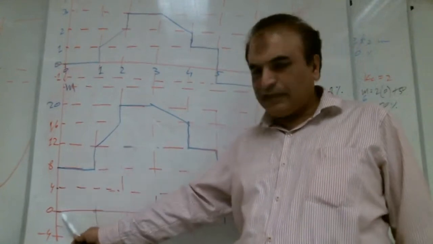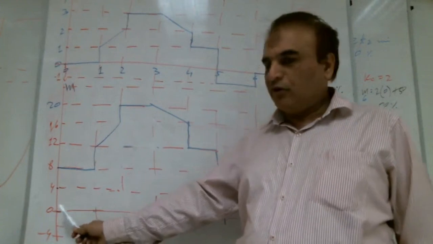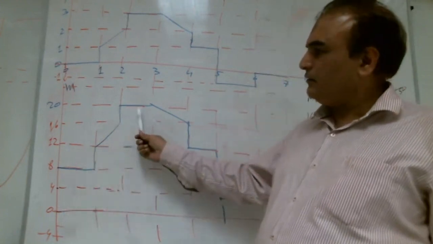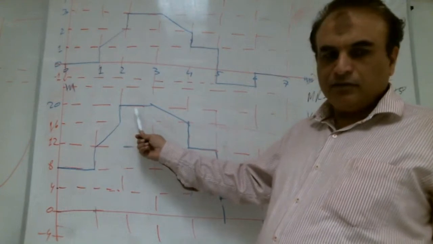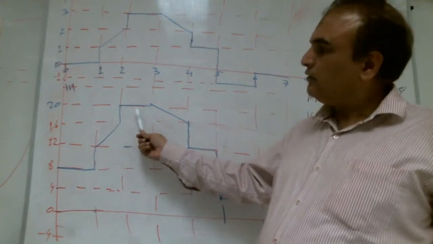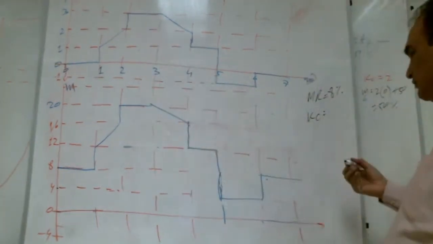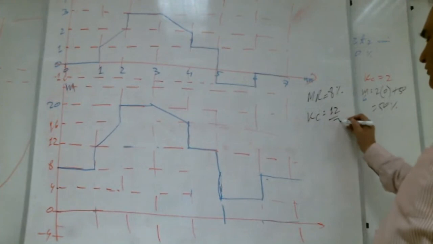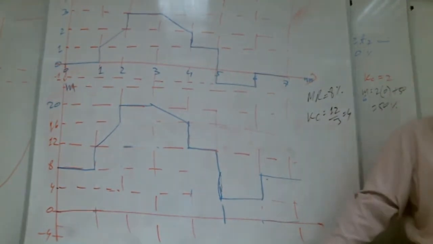You will remove 8, it will come here, right? How much is the maximum here? 20 goes down 8, 12, right? 12 divided by 3? 4.